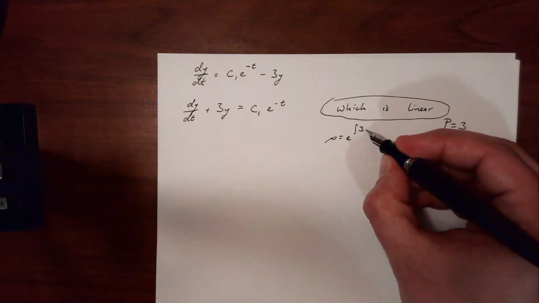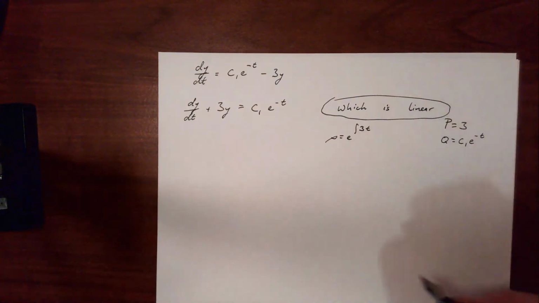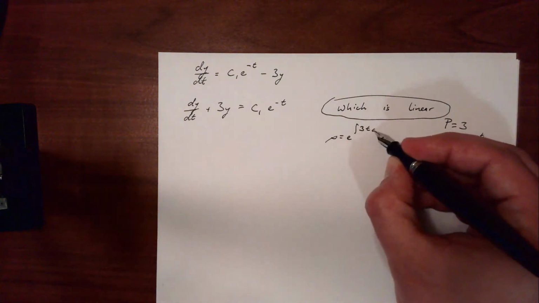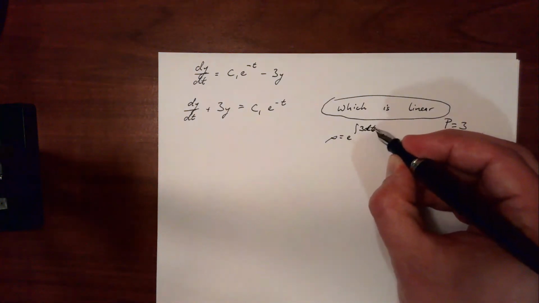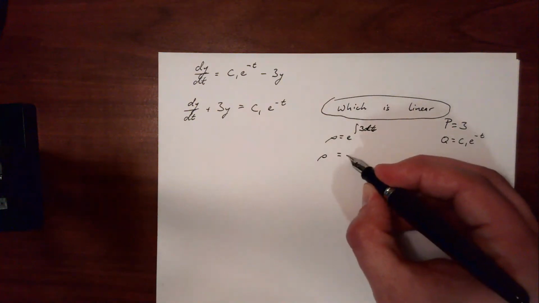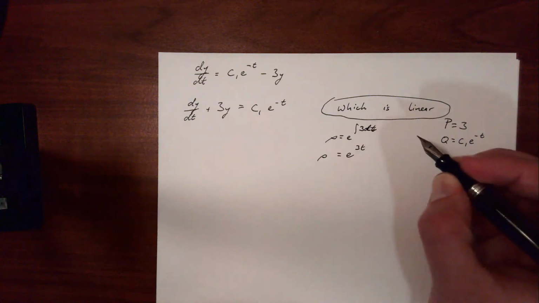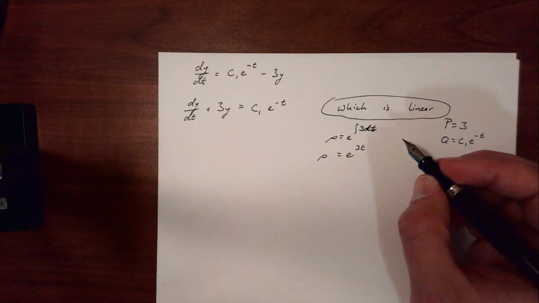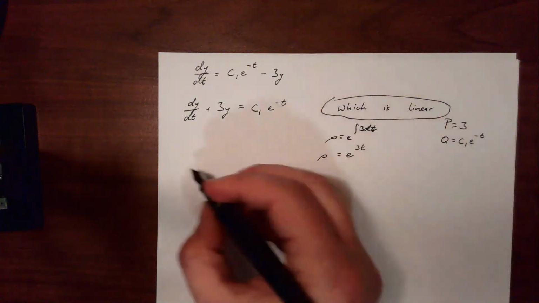Okay, so then rho is equal to e to the power of the integral of 3 dt, I should say. Anticipating here my own results. So then rho is equal to e to the 3t. Okay, so be it. Well, then I multiply everything by that rho.